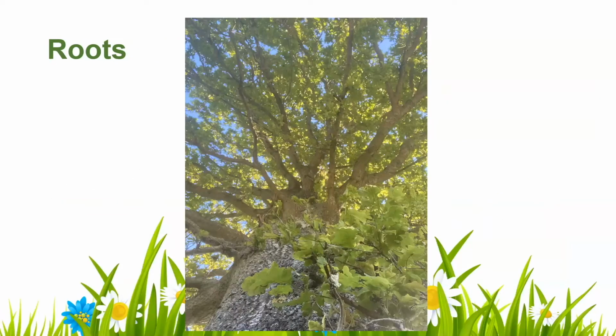As Lydia identified, roots help to anchor the plant in the soil so it doesn't fall over. Look upwards into this tree. Can you see the branches and the leaves, all of which the roots need to hold in place?